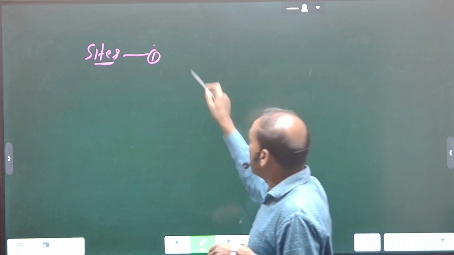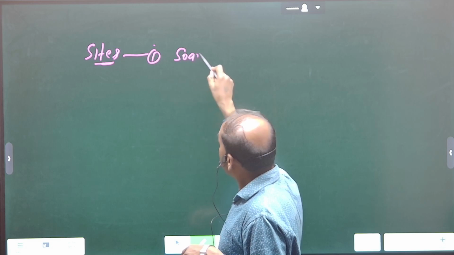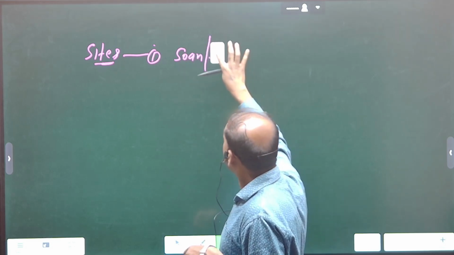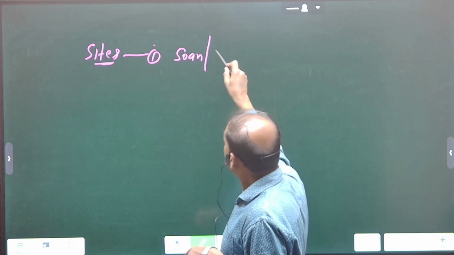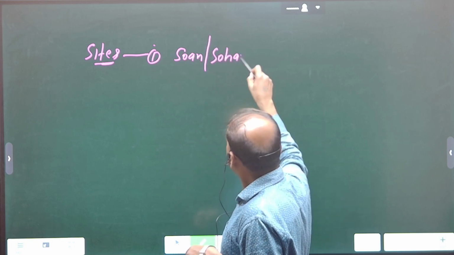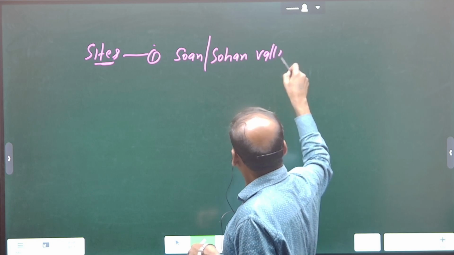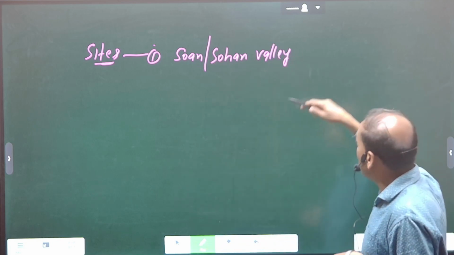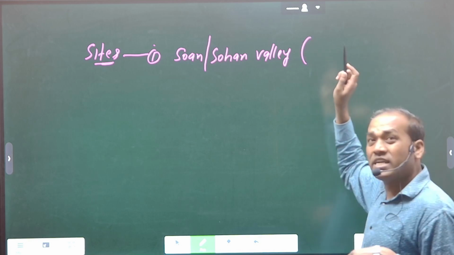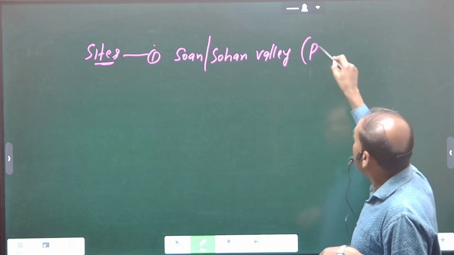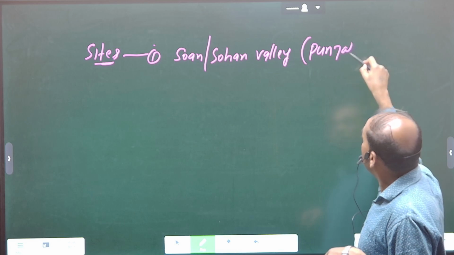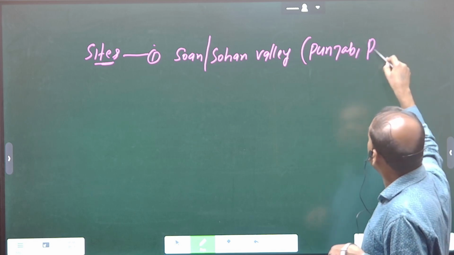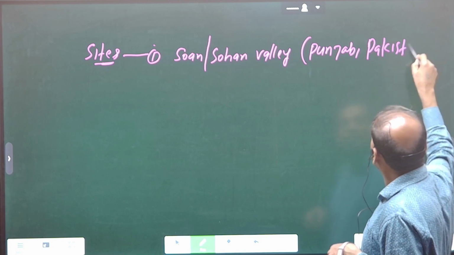First site is Soan or Sohan Valley. This Soan or Sohan Valley is located where? Located where? Punjab. Which Punjab? The Punjab which is located in Pakistan. Okay, which is located in Pakistan.